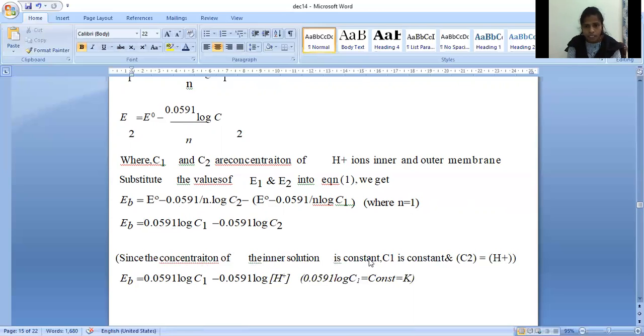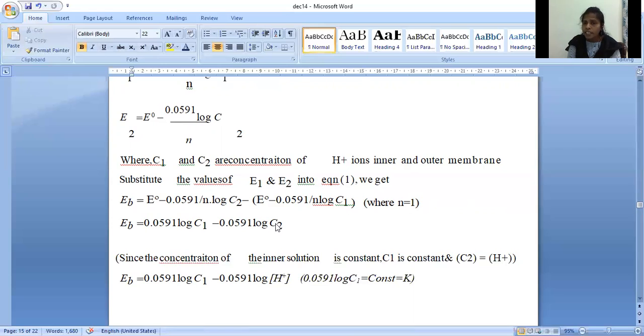Since the concentration of the inner solution is constant, C1 is constant. But what is C2? C2 is the outer solution concentration. Do we know the unknown solution concentration? No, it is not known. So C2 is nothing but the H plus concentration, the unknown solution concentration.